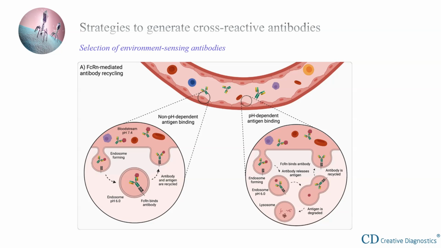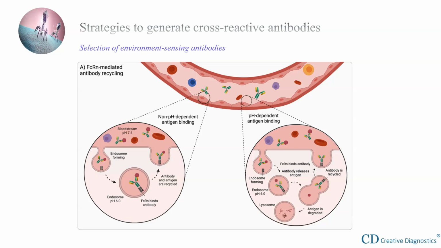When therapeutic antibodies are administered, they circulate in the bloodstream until they are taken up by cells through endocytosis. After endocytosis, the antibodies are directed to lysosomes but can be recycled back into circulation by binding to the neonatal Fc receptor, FcRn. This process significantly extends the antibody's half-life. However, when an antibody is bound to its antigen, the antigen-antibody complex is internalized and either degraded in the lysosome or recycled.